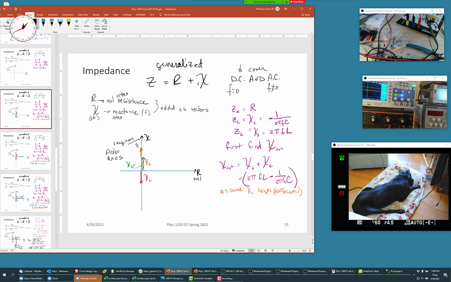I've drawn it here: the orange is the chi inductor, the pinkish color is the chi capacitor. In this particular case, we're just going to assume that the chi for the inductor is bigger. It's not always true, and it changes with frequency too. It doesn't have to do exactly with the value of the inductor or the value of the capacitance.